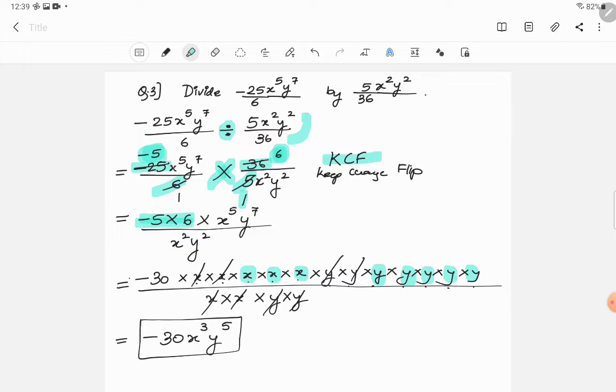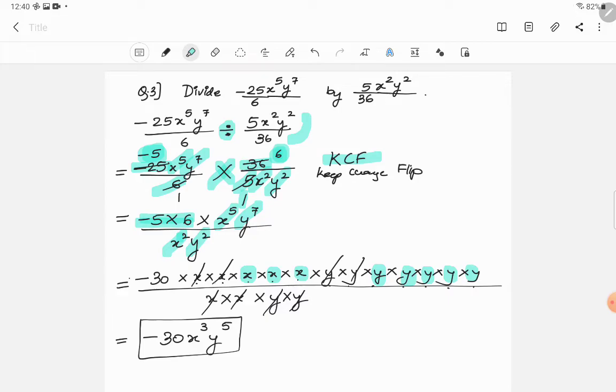Then you have in the numerator x power 5, y power 7. So I wrote that as it is. And in the denominator, these two, x to the power 2 and y to the power 2. We expanded everything. Minus 5 into 6, negative 30, and x we wrote 5 times, y we wrote 7 times, right? 1, 2, 3, 4, 5, 6, 7 times. And x to the power 2 and y to the power 2 in the denominator after expanding.